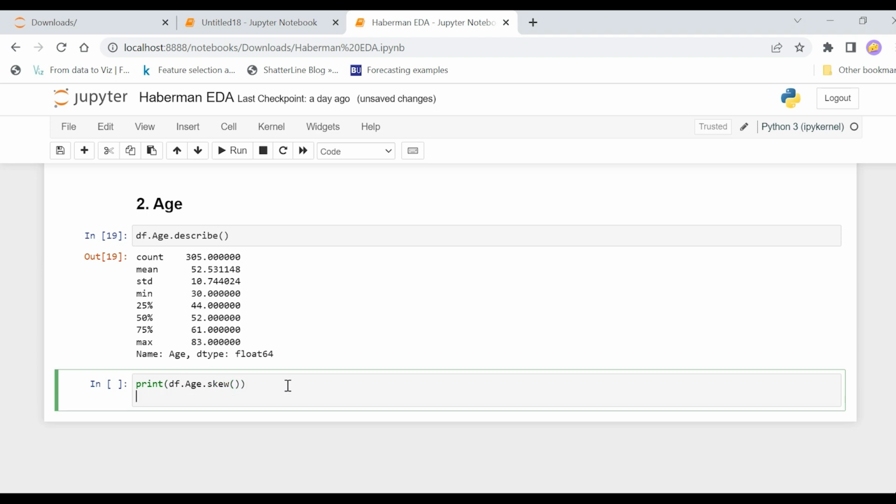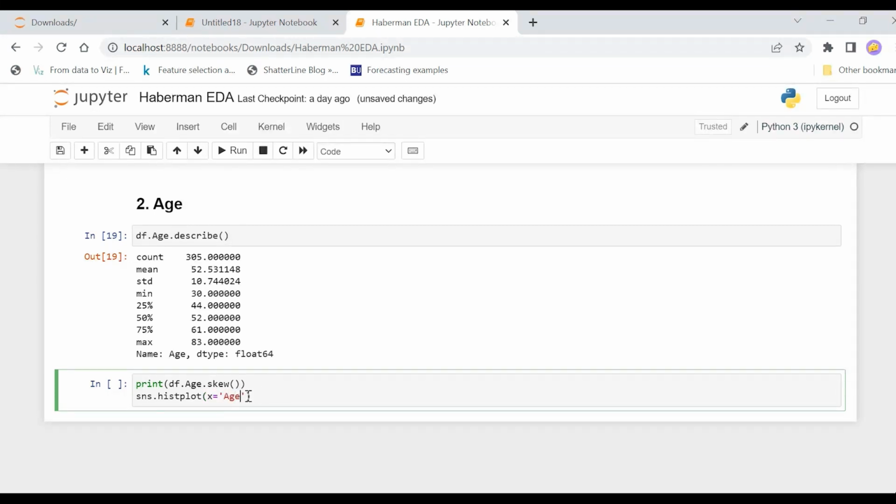Skewness is not generally something we get much information from, but you can use it while you build a model, because many times if you have a Gaussian distribution, the results are better.